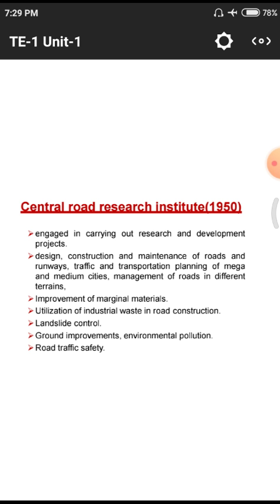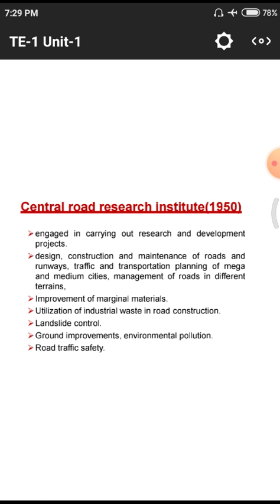Next one is the design, construction and maintenance of roads. First term, design, that means we need to design a particular road for a particular amount of traffic. In the villages we have a lesser quantity of traffic. That means in the villages few people live in that particular area, so the traffic is low compared to cities and other metropolitans.